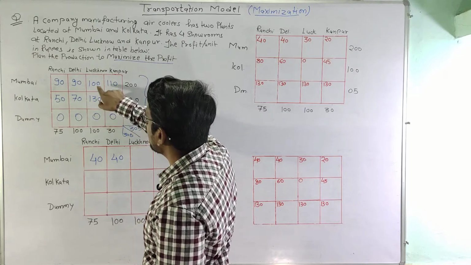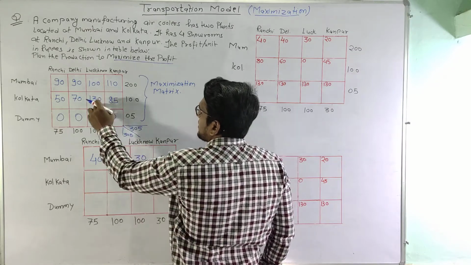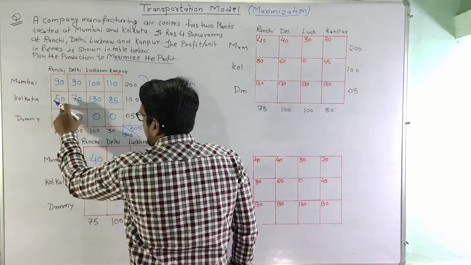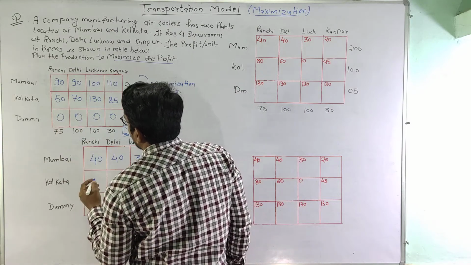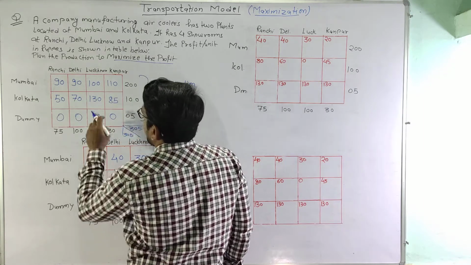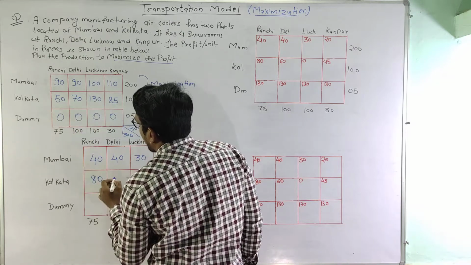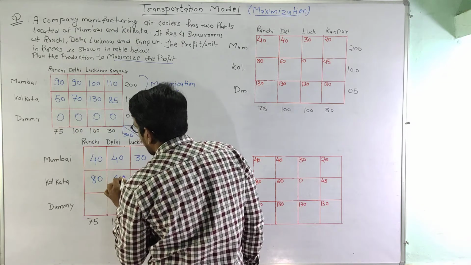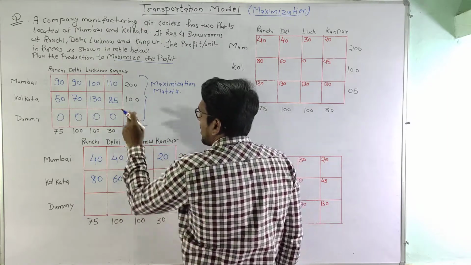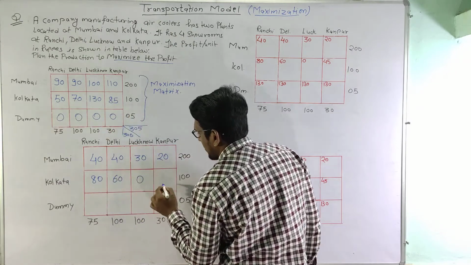So 130 minus 100, this will come as 30. 130 minus 110, this will come as 20. 130 minus 50, this will come as 80. 130 minus 70, this will come as 60. 130 minus 130, this will come as 0. 130 minus 85, this will come as 45.